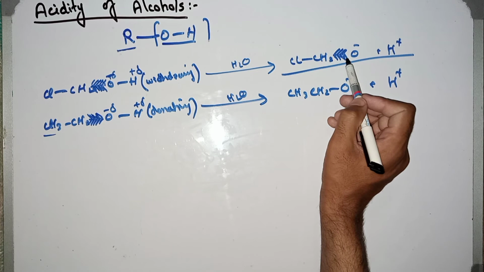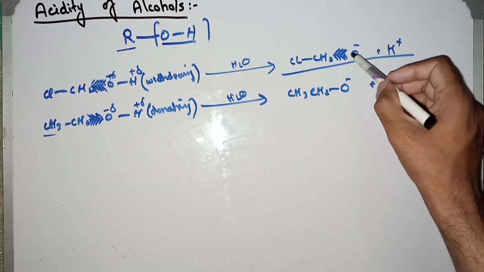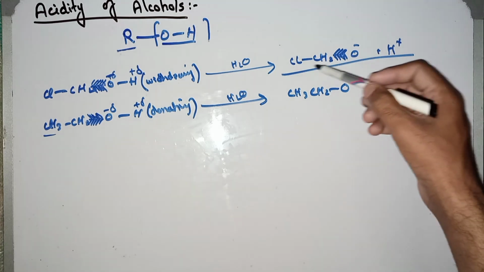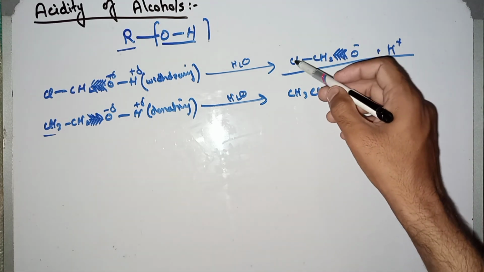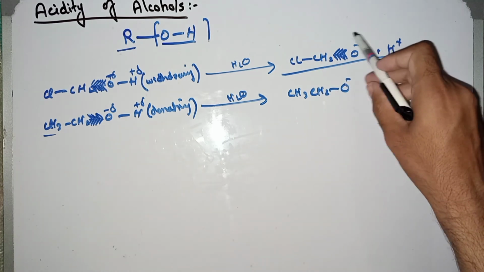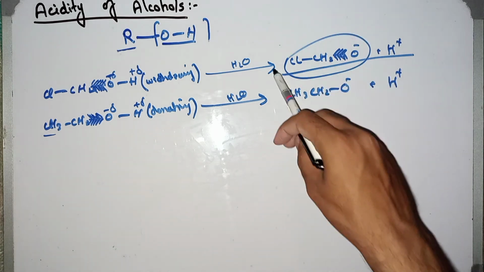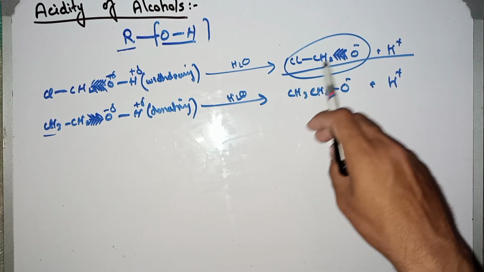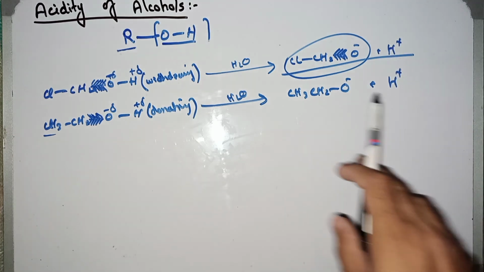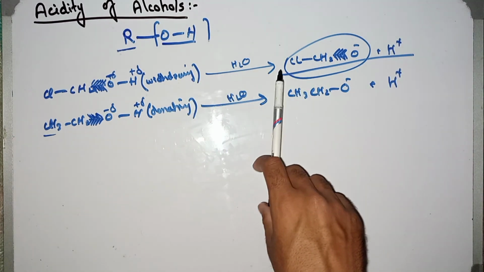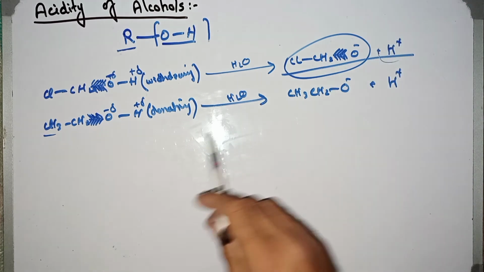When the electrons are withdrawn from this oxygen, the chlorine, the electron withdrawing group, stabilizes this negative charge on the oxygen. So this ion will be stable and cannot easily react with this proton. So in the solution, the hydrogen ion concentration will increase.